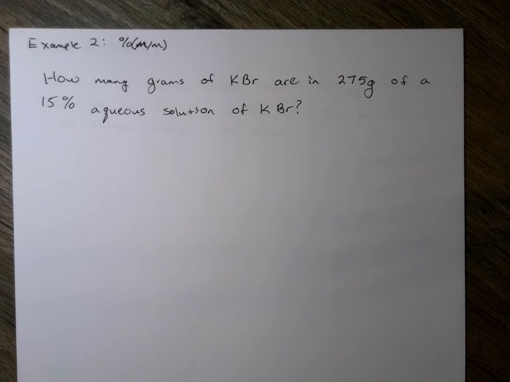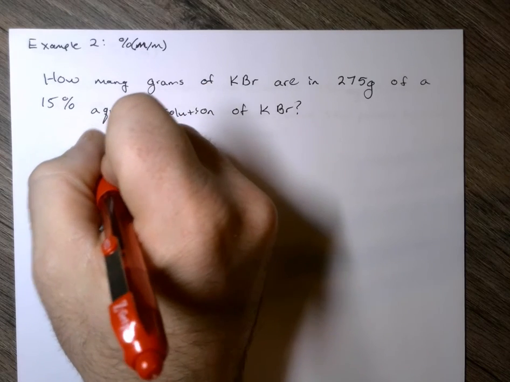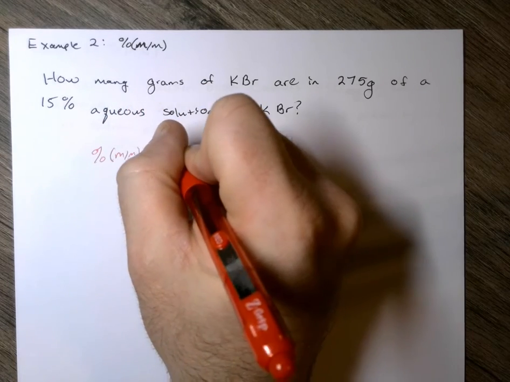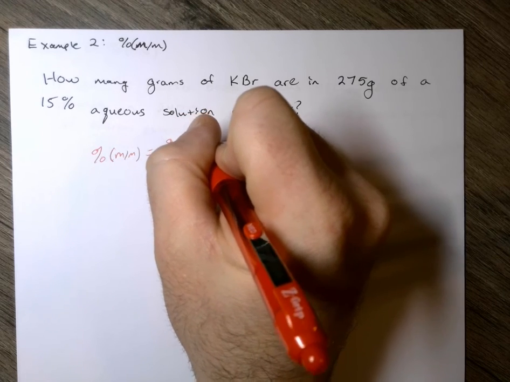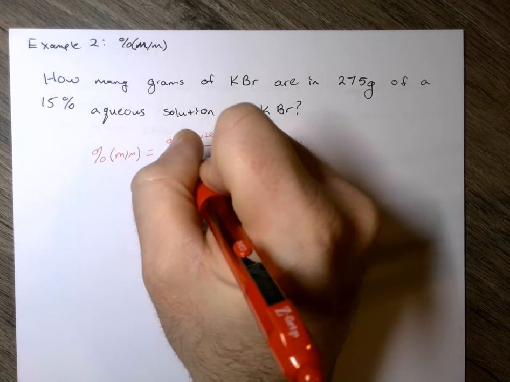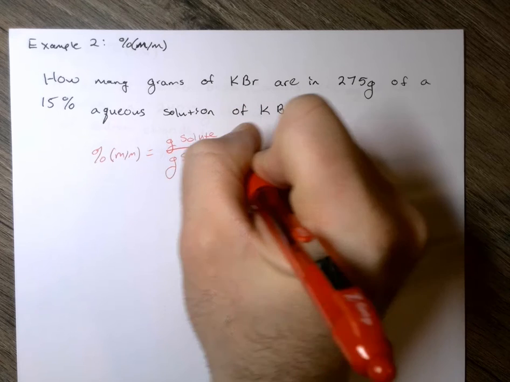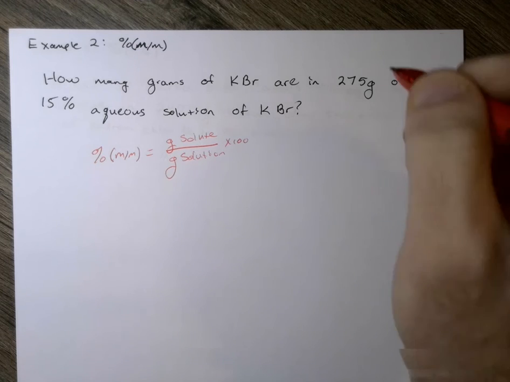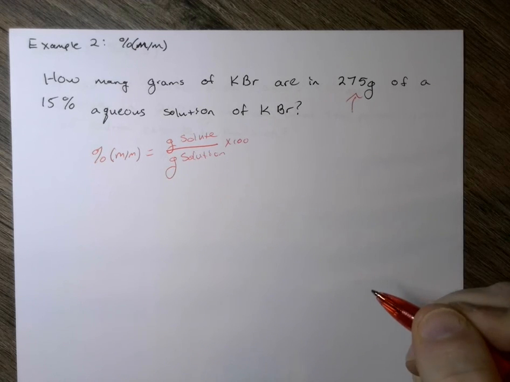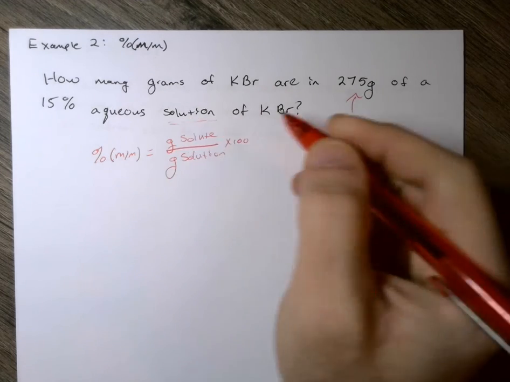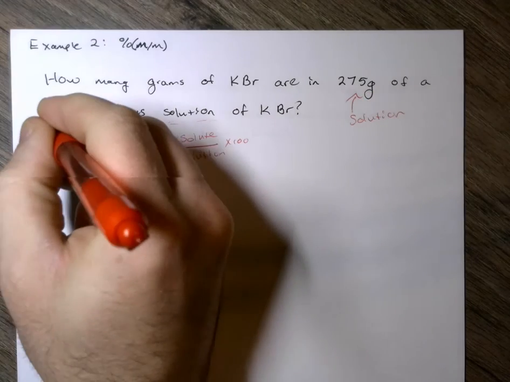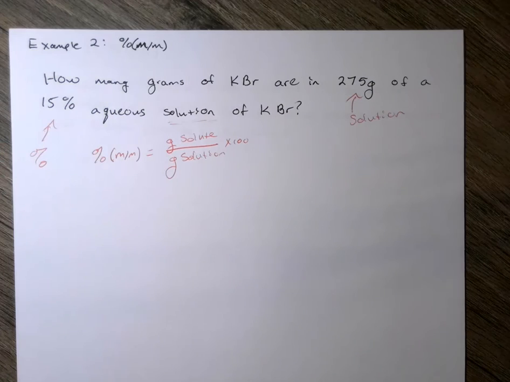If you remember, our calculation is percent by mass is equal to grams of solute over grams of solution times 100. So, this 275 grams is of solution. So that's your solution. The 15% is your percent.